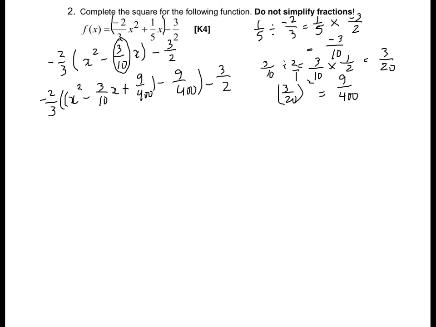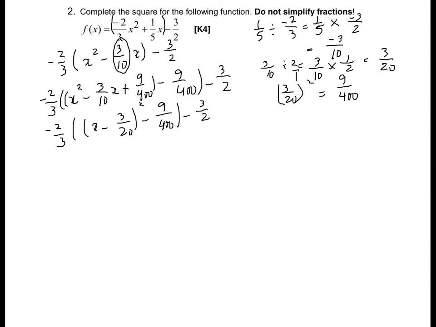If you look at the bracket inside the bracket, this is a complete square, so I can write this as negative 2 over 3, open bracket, x minus 3 over 20 squared, minus 9 over 400 minus 3 over 2.